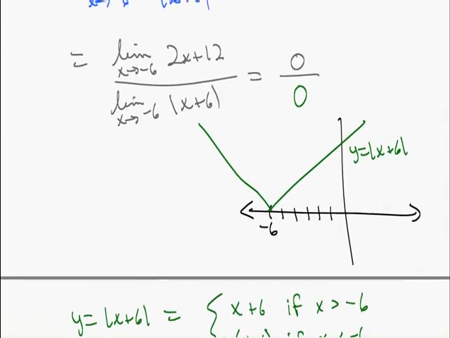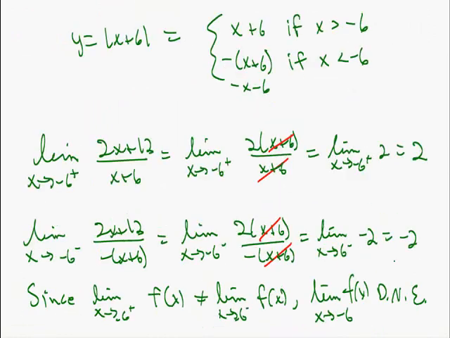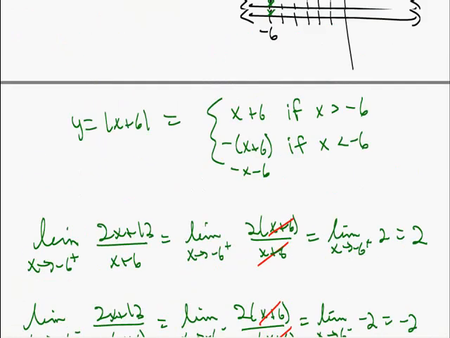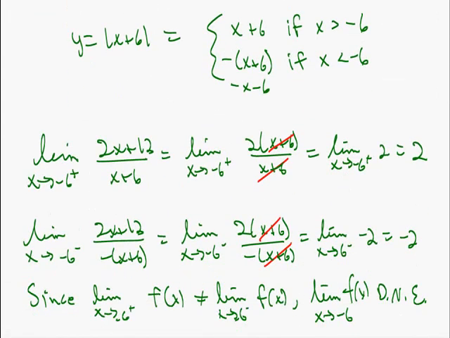And it's just because of the nature of the absolute value function. Depending on which way you're approaching it, you have two different lines. And so we got two different limits as we came in from the left and the right because of the function itself, 2x plus 12 over the absolute value of x plus 6. We were able to cancel things down. Positive 2 coming from the right, negative 2 coming from the left. They don't agree, so the overall limit does not exist.